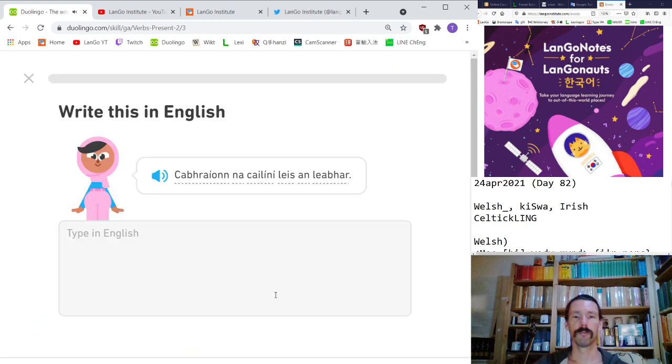Cabhraíonn na cailíní leis an leabhar. Cabhraíonn, help. The girls help. What's a good mnemonic for cabhraíonn? Help the cow. So kind, he would help a cow read.